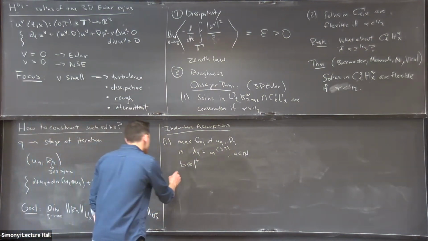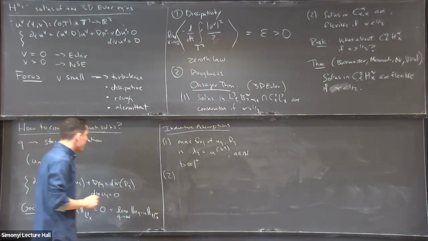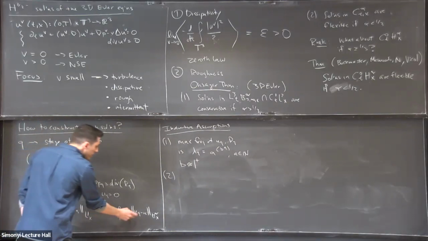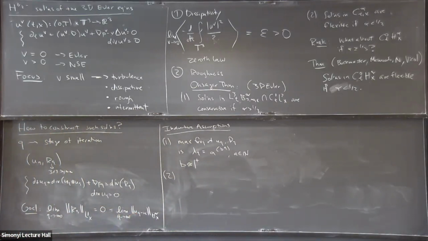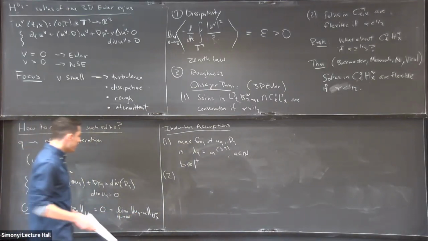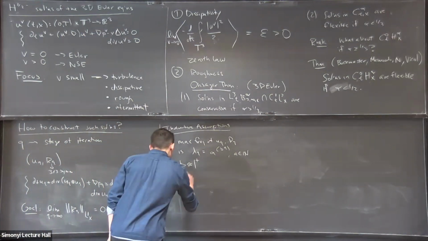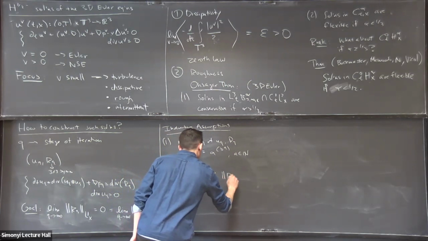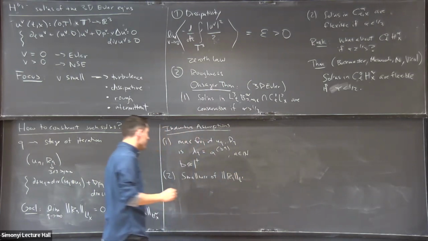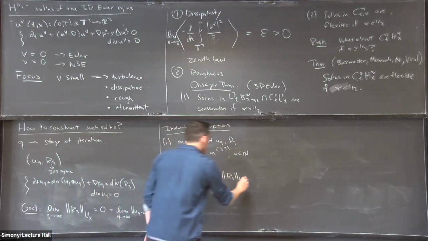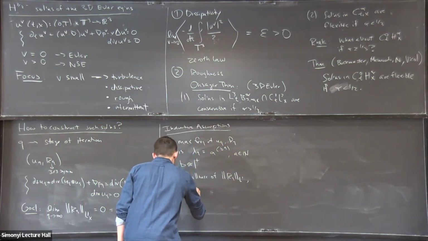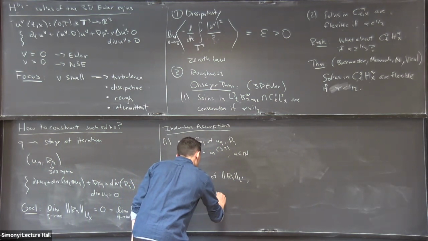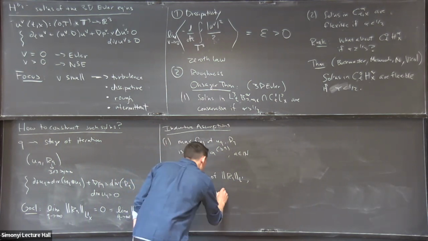And I should, of course, have some kind of smallness assumption on RQ and UQ in different norms. So let's say smallness of RQ in L1, and let's say UQ plus 1 minus UQ in H alpha.